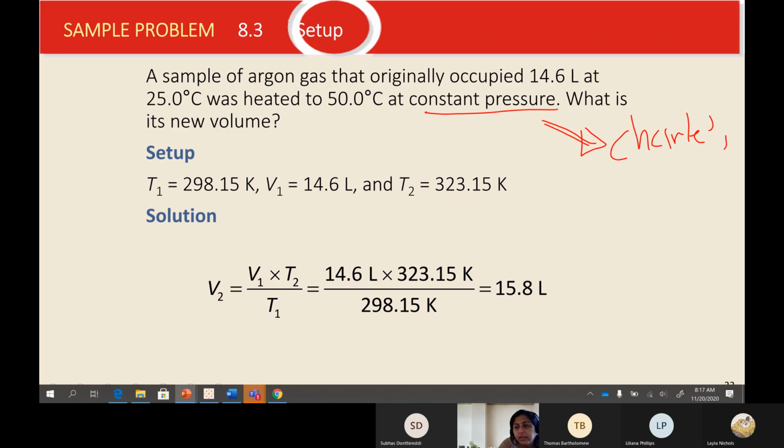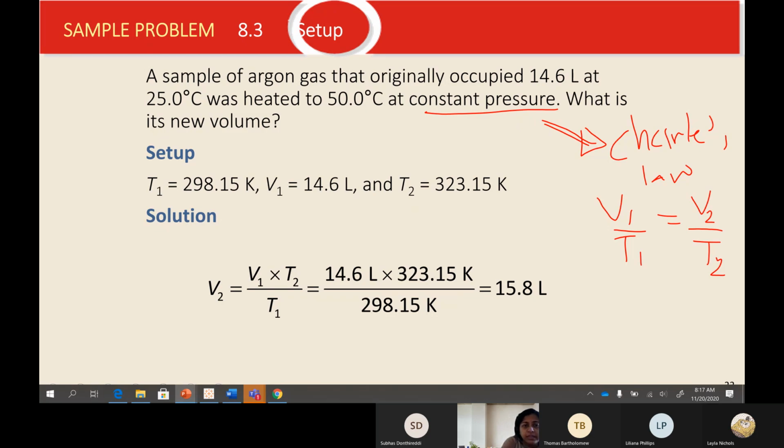So what is the equation we derived from Charles's law? Yes, it is V1 over T1 equals V2 over T2. And remember, we can plug in the temperatures only in Kelvin.